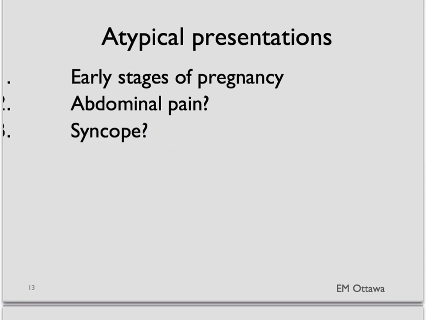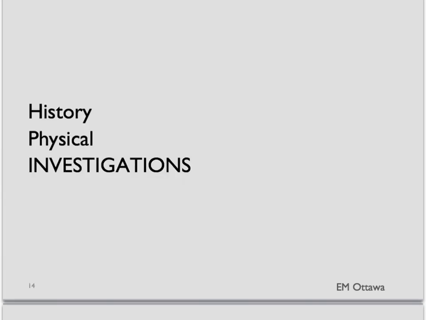What about syncope? As you can imagine, patients may not have a syncopal episode if the ectopic has not ruptured. Syncope is a very late finding that suggests massive blood loss. Therefore, you do not want to wait for this. To summarize what we have so far, in history, we're going to ask about the risk factors in previous obstetric and gynecological history.